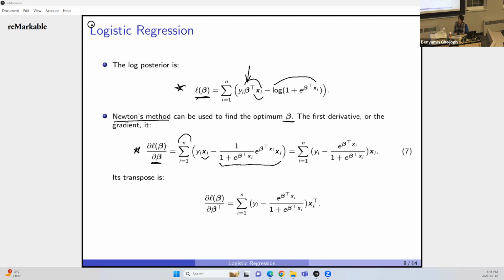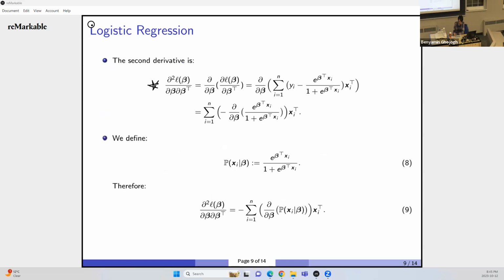And as expected, it's a vector, because this is a scalar, this is a scalar, this is a vector. So I can factor out xi. Interestingly, I have xi at the right-hand side of both terms. Factor out xi. Also, the transpose of this first order derivative transposes this vector, right?